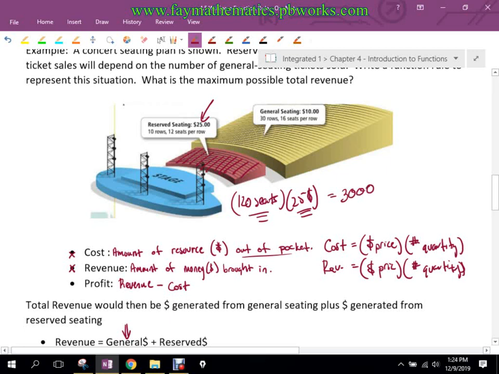So I know off the bat, before I investigate this problem any further, because my red seats are sold out, that this concert is going to earn me $3,000 in revenue. I know automatically I'm getting $3,000 from this performance. But now it's going to potentially grow by selling these seats, right? How much does each one of those seats cost?